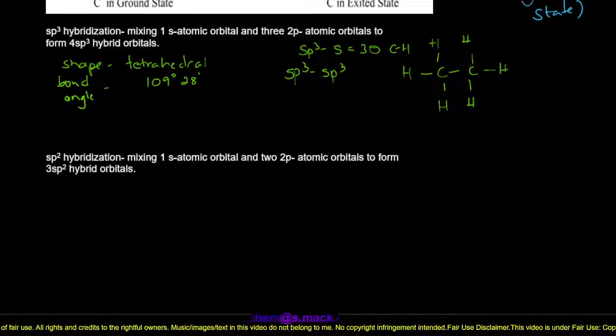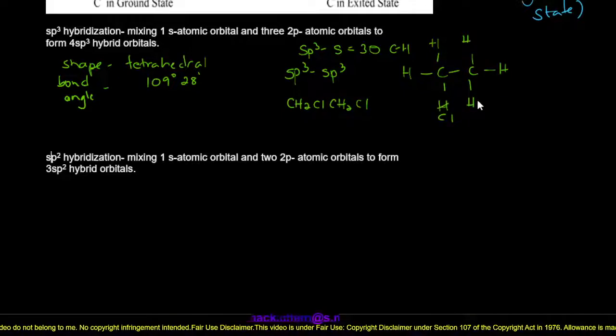Let's say, for example, you were given a derivative of ethane called dichloroethane. Now, dichloroethane would have a formula CH2Cl, so it's as if we were replacing this hydrogen with a chlorine and this one with a chlorine. What do you think would be the shape and the bond angle in dichloroethane?